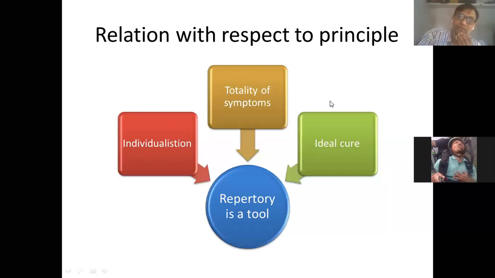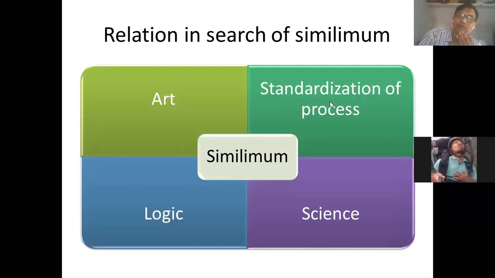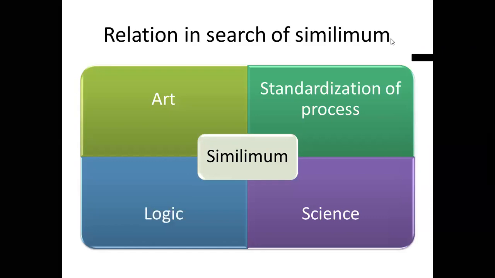So far we have studied the relationship with respect to laws and the relation with principles, and now the relation: what is the relation of repertory in the search of the similimum? Now, there are various facets of this similimum. Some authors say that the search of the similimum is an art.